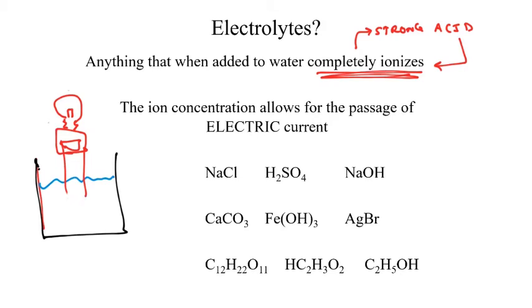Okay, so this is why electrolytes are cool. Electrolytes are just ions, positive and negative ions. Those positive and negative ions can align themselves between the electrodes, allowing for electrons to flow from one side to the other. Why is that important? If we get electric flow, that's what's going to allow our light to come on.